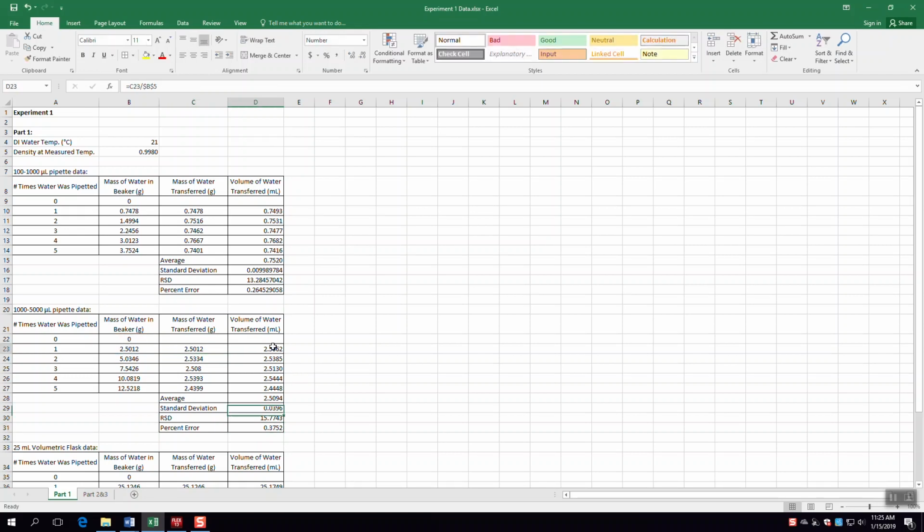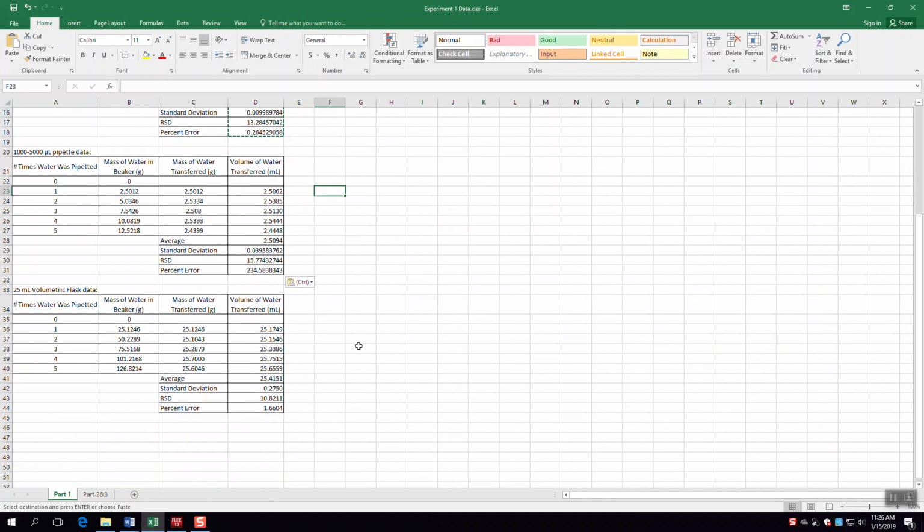One thing I should have pointed out earlier was that when you have a problem with your data point, for instance when we had that number that was about 4 up here, when we restart the data and this number ends up being around 0.75 again, you'll notice that it messes up our numbers on the rest of these, right? We get a couple of negative numbers, we have a measured mass transferred of 3 grams, because this number would need to be updated to about 1.50, but you'll notice that these numbers turn negative, so we have to change the math.